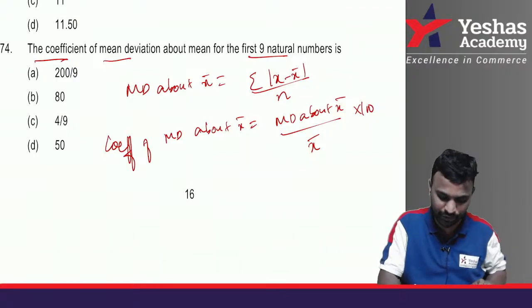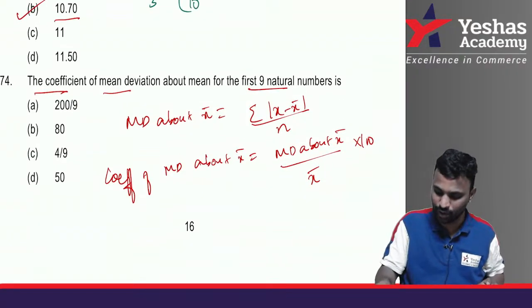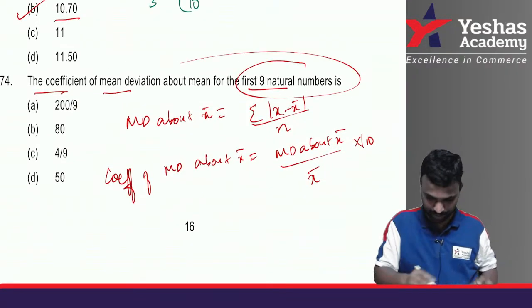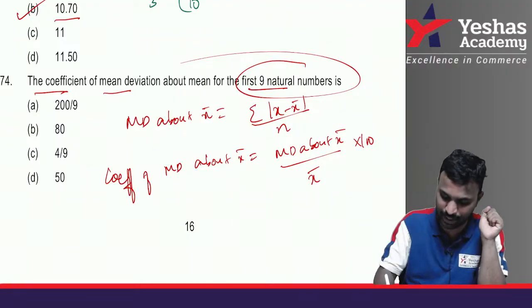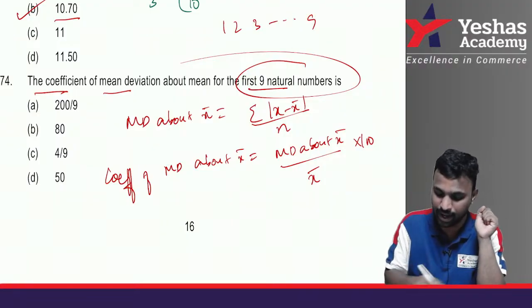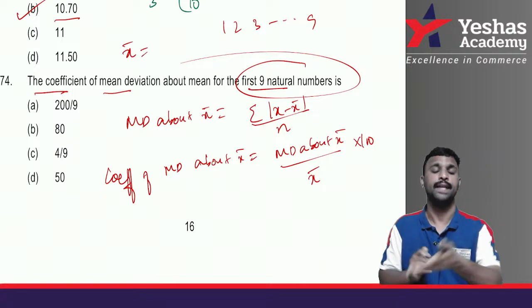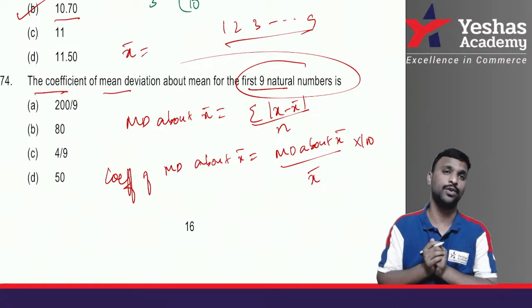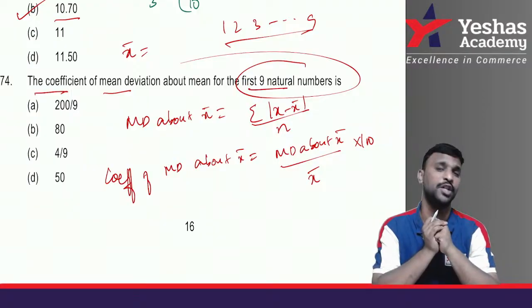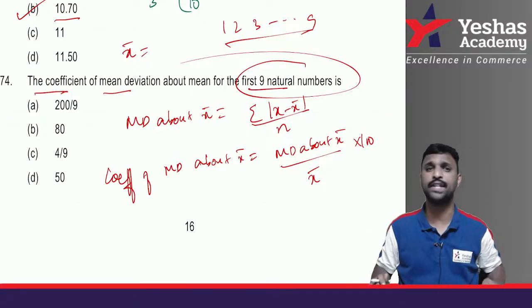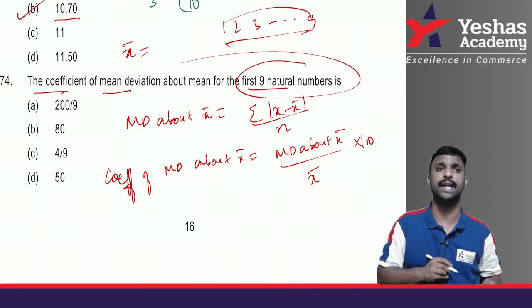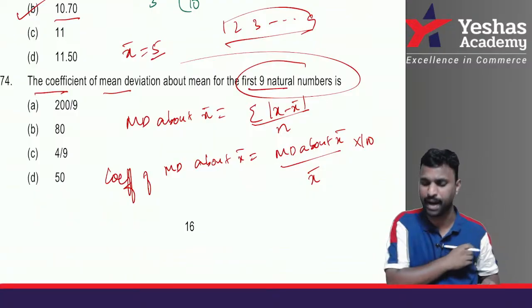First let's find the mean. The first 9 natural numbers are 1, 2, 3 and so on till 9. These numbers are evenly spaced. Whenever you have evenly spaced observations, to find the mean, take the average of extreme values. 9 plus 1 is 10, 10 by 2 is 5. So the mean is 5.